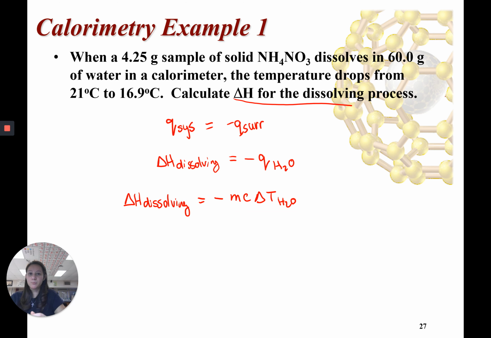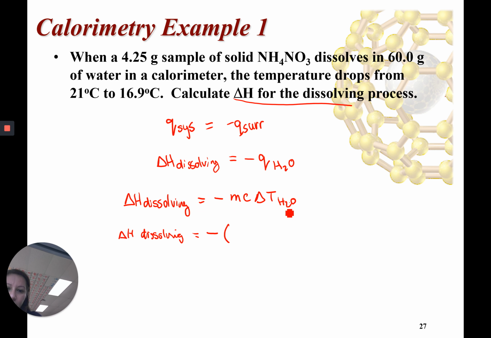And now, at this point, you just plug in your numbers. So delta H for dissolving is going to be equal to negative M for water, because this says water, right? So the mass of water is 60.0 grams. So why do they give you that 4.25? Just to distract you. You don't need it.